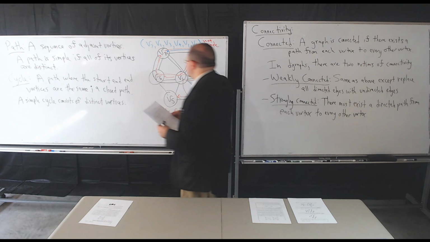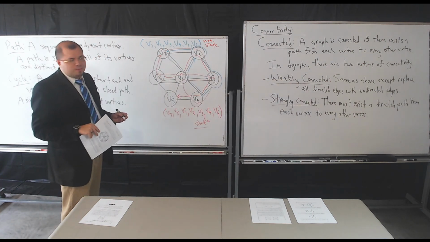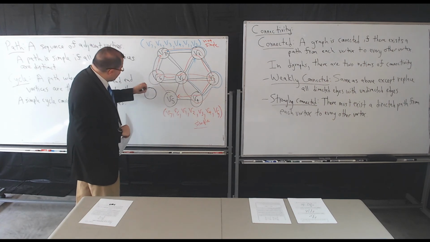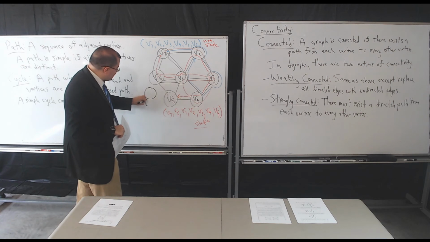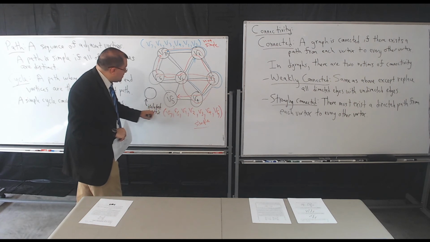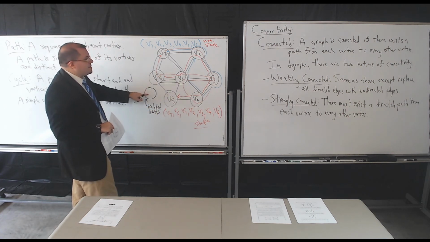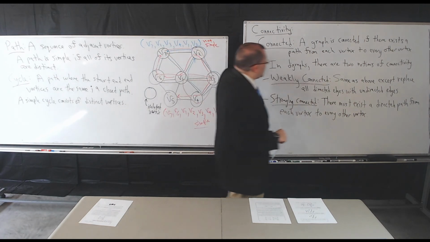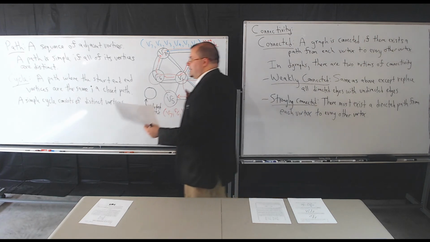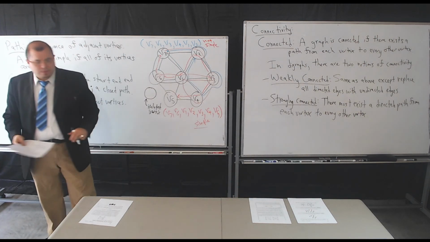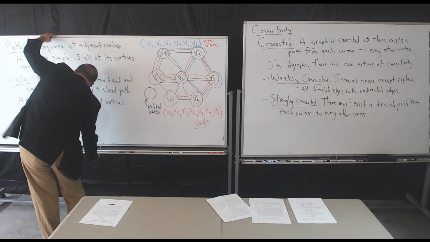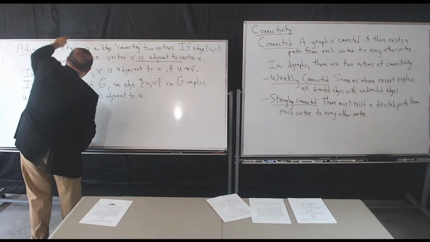By the way, what would you call a graph that is disconnected? Disconnected, right? If there was another vertex out here on its own, it's sometimes called an isolated vertex. It has degree 0. There's no way I could get to this isolated vertex. If it is not connected, it is called disconnected. In these cases, you would just say it's not weakly connected or not strongly connected. Got it? It's really straightforward. Okay.